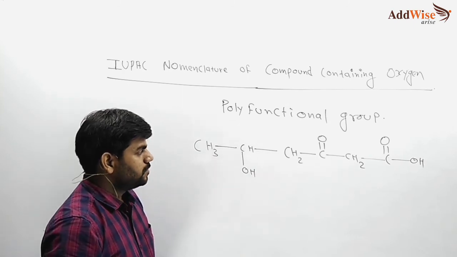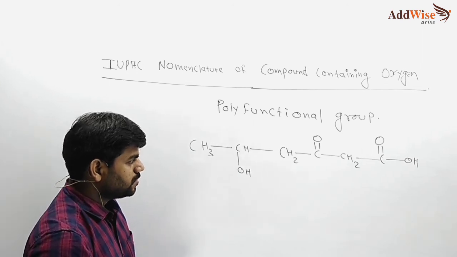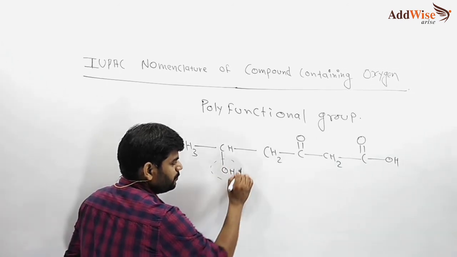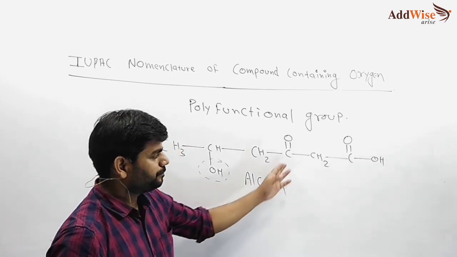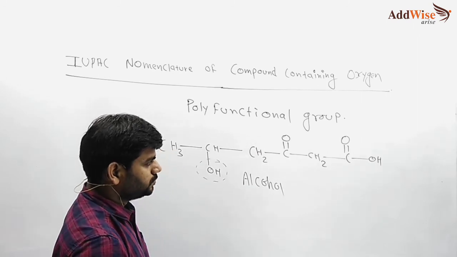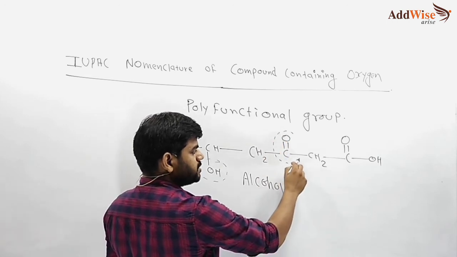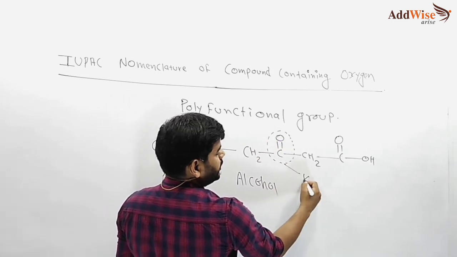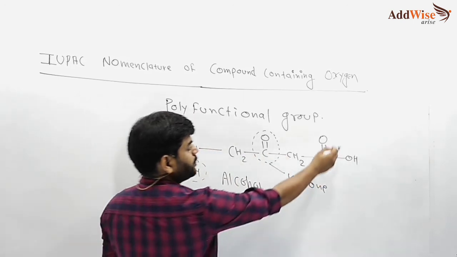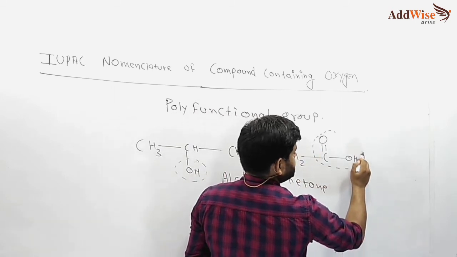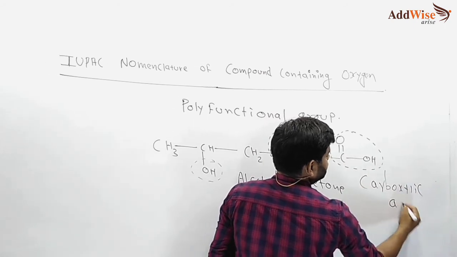If we go from the left-hand side, first there is a single bond OH, which means alcohol. Next is CH2, C double bond O, which is the ketone functional group, between two carbons. And the last, C double bond O OH, is a carboxylic acid.